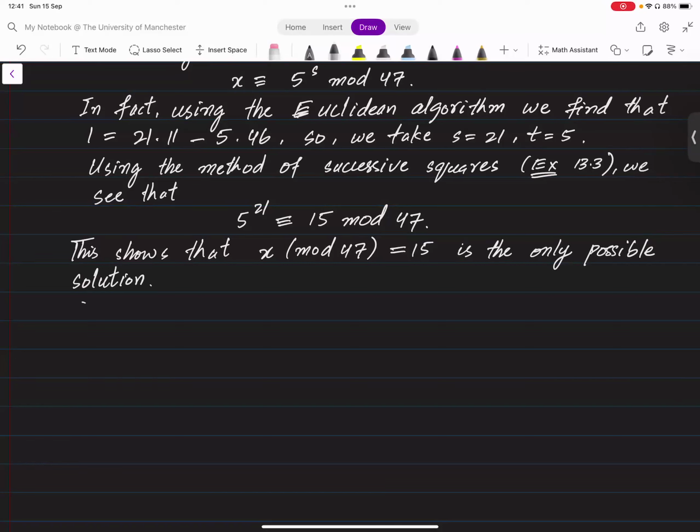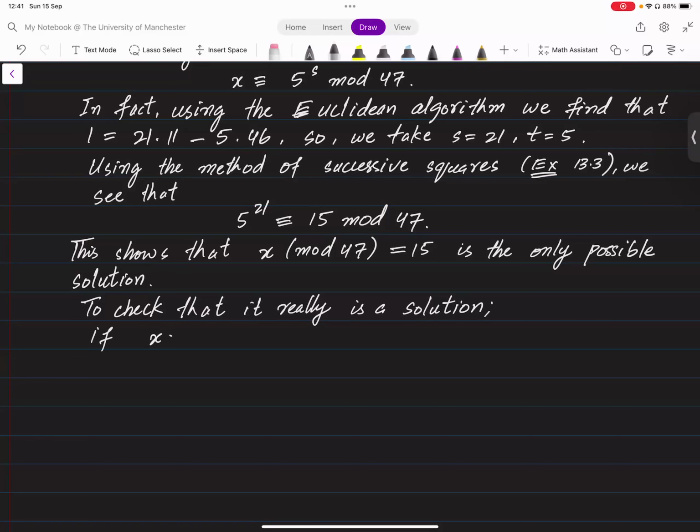Let's check that it really is a solution by working backward in the above equation.